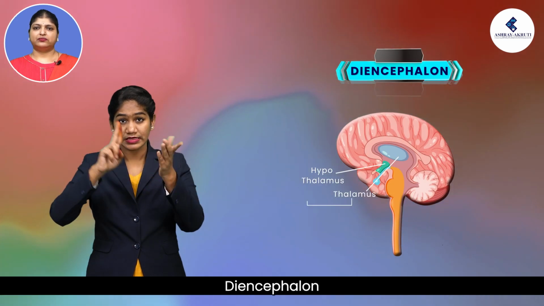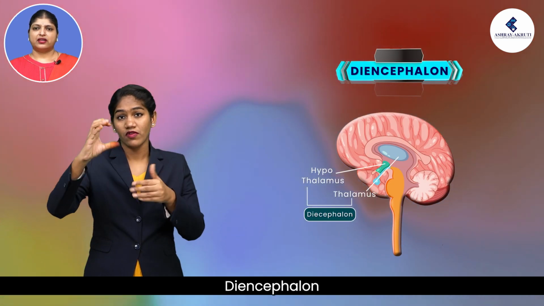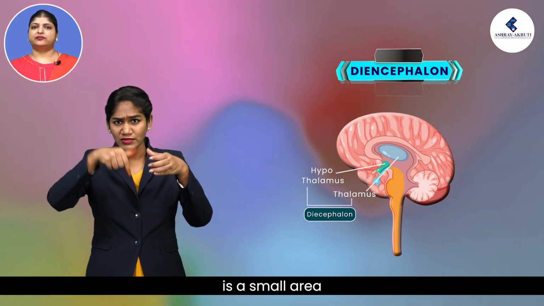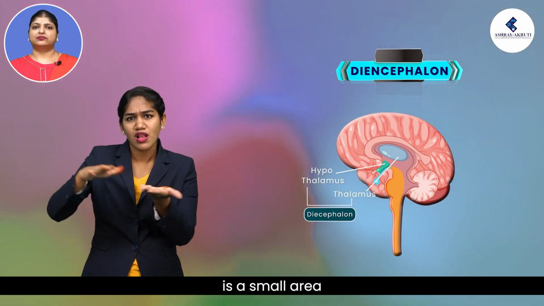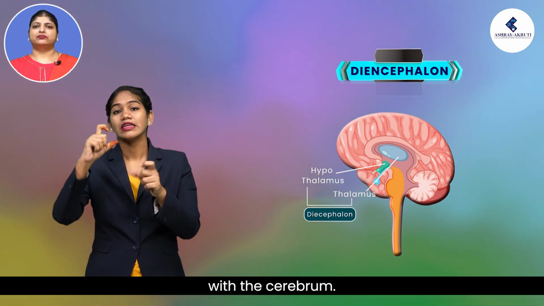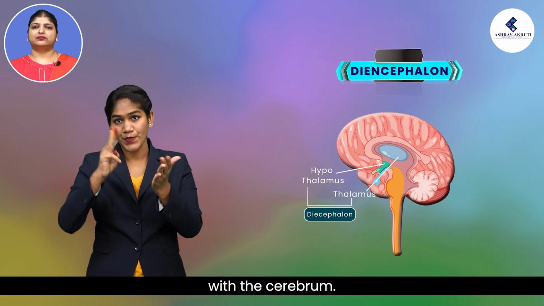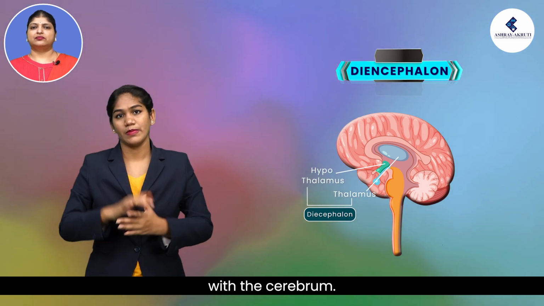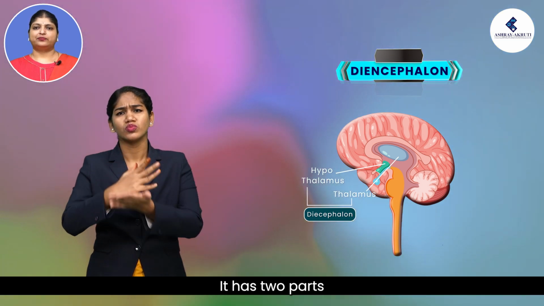Diencephalon is a small area that is covered with the cerebrum. It has two parts.